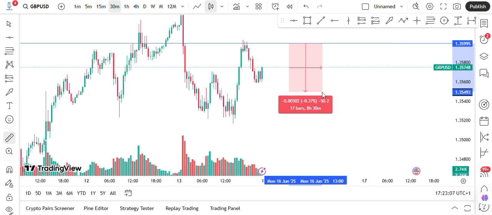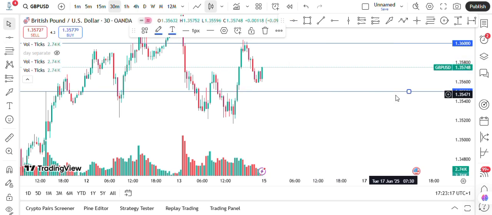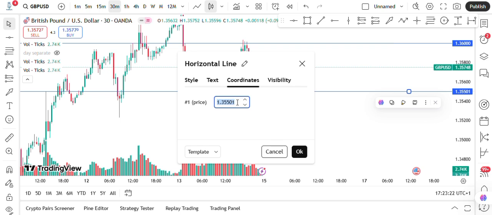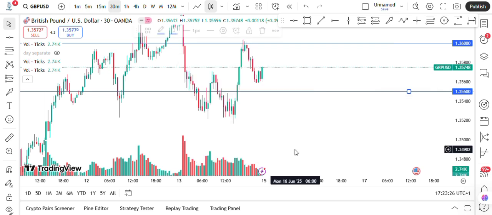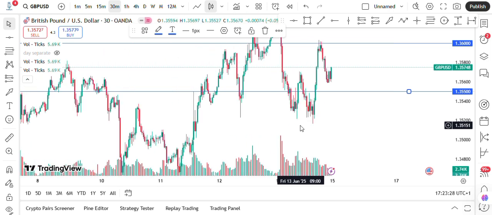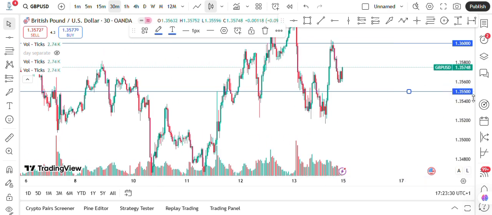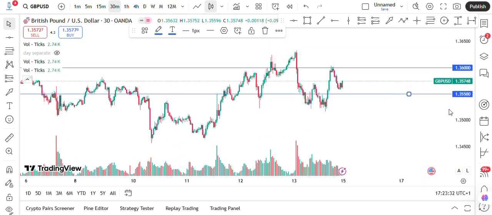As you can see, it landed on 1.35000, rounding it up. So let's go and bring our horizontal line, put it here, and then modify. Tap on it twice and modify it. As simple as that. And you can continue adding until it's full on your chart.